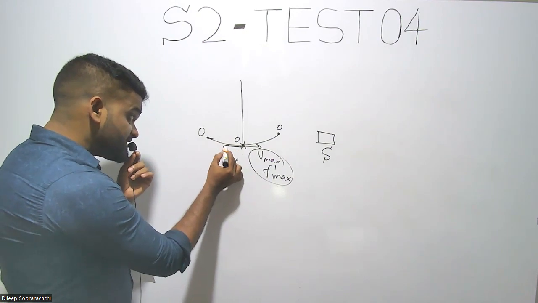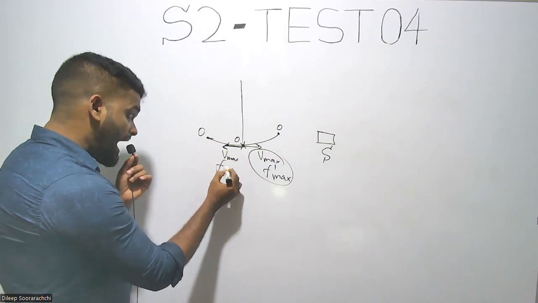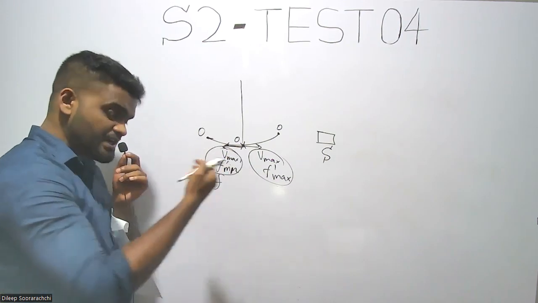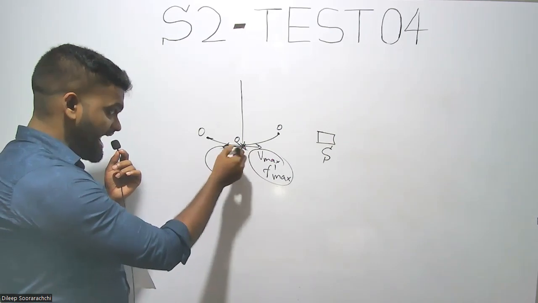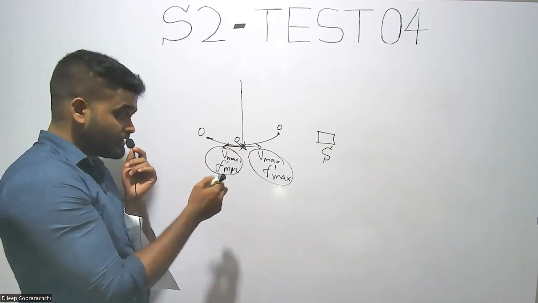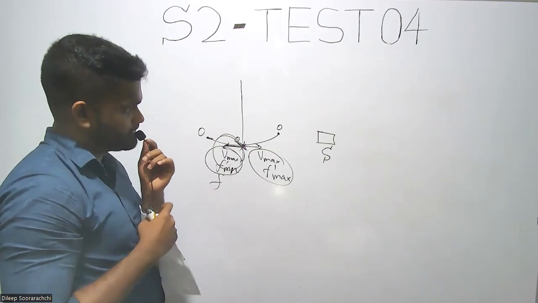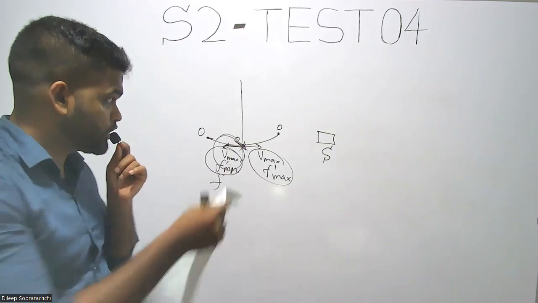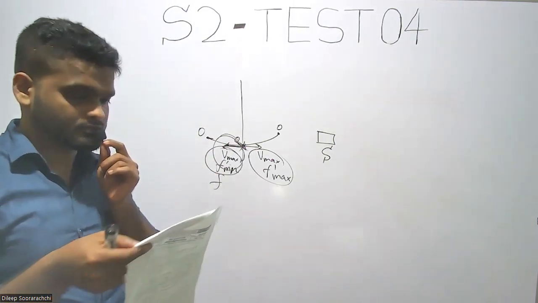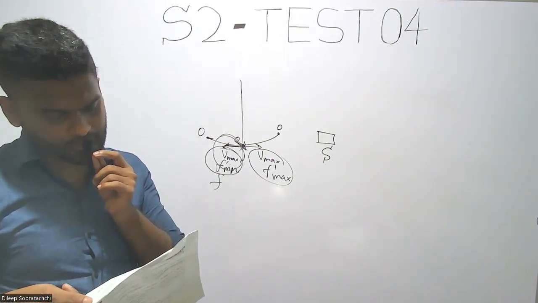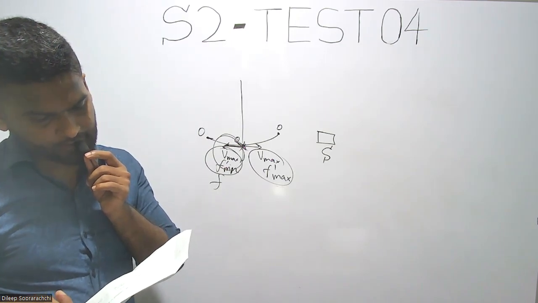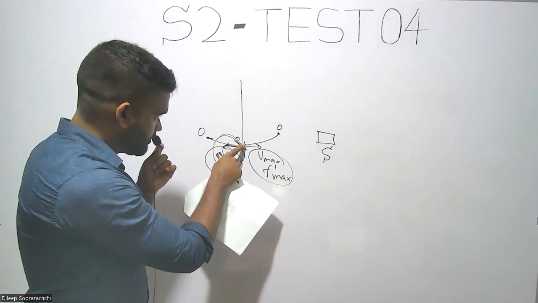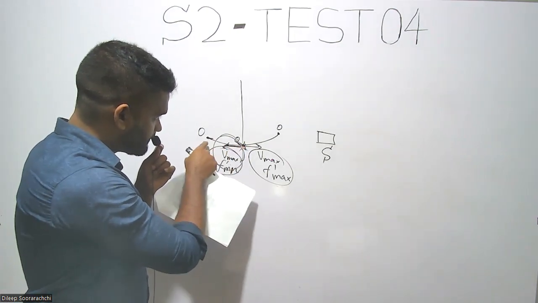Here the velocity is the highest, and apparent frequency should be minimum because the observer is moving away from the source at the highest speed. So in this case, the observer notices the minimum frequency, not here. So the answer should be: lowest position, moving away from the source.